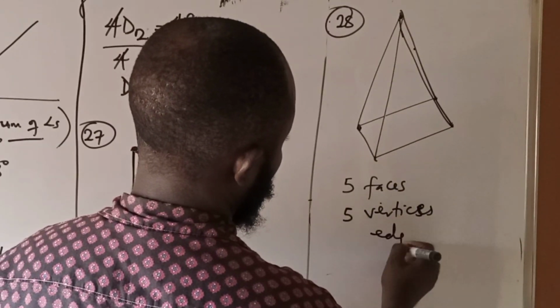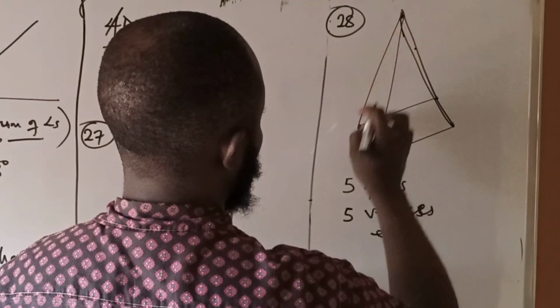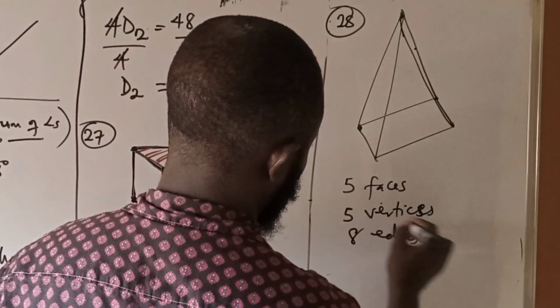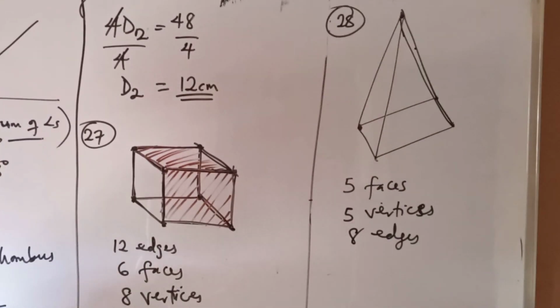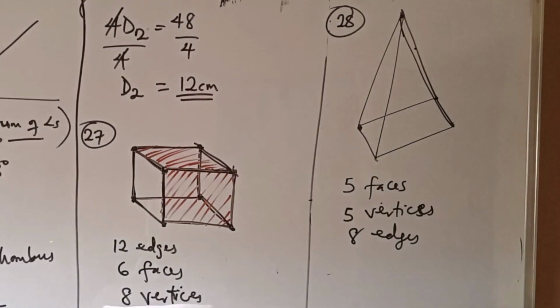And edges, how many edges do we have here? So this is 1, 2, 3, 4, 5, 6, 7, 8. It has 8 edges. So the answer is 5 vertices.